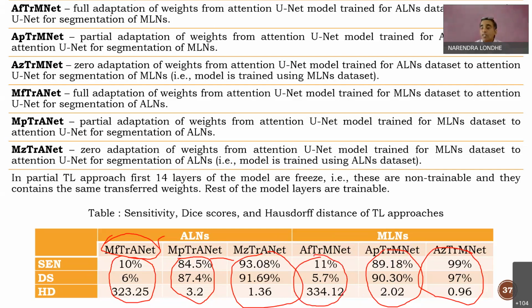Okay, so partial similarity is there between the abdominal and the mediastinal lymph nodes, but there is not full similarity. So it is indicating that yes, partial transfer learning is good enough. Okay, it is also good enough to have the detection of the lymph nodes in the CT images.